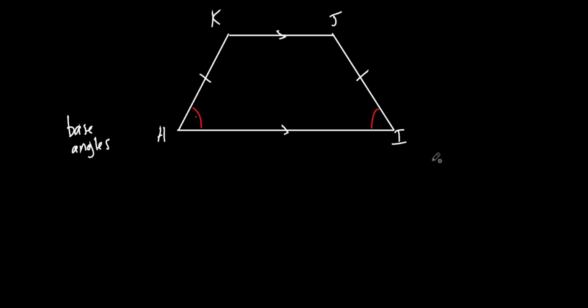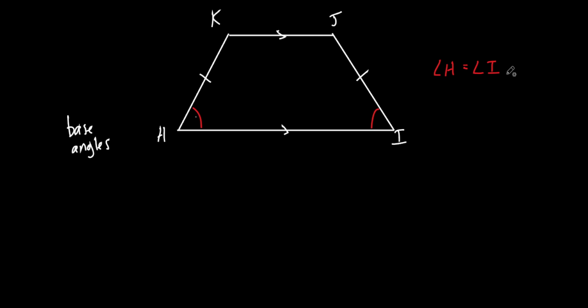It would be this one right here, angle I. Now, remember, it has to be isosceles for this to work. If it's an isosceles trapezoid, angle H is going to equal angle I, because the base angles of an isosceles trapezoid are congruent to each other. So I could say that angle H is equal to angle I.